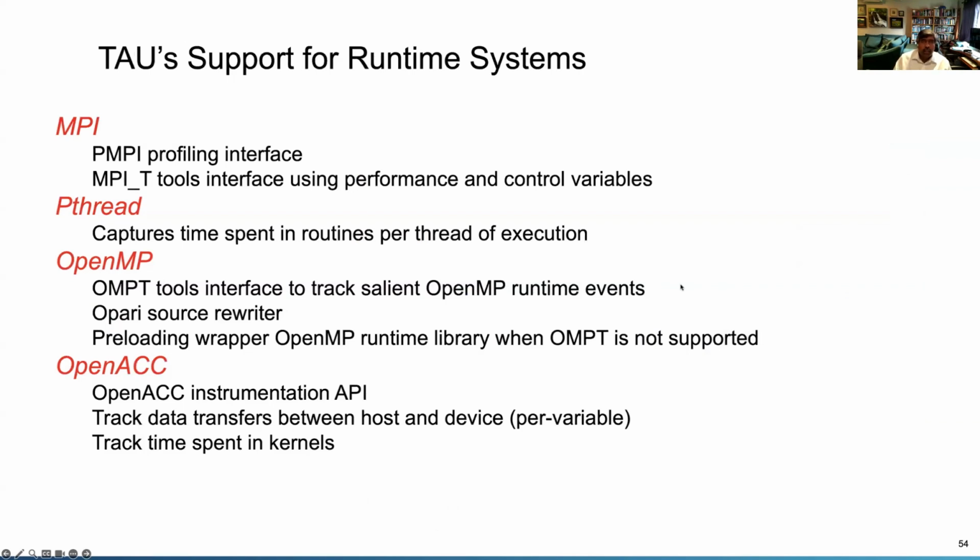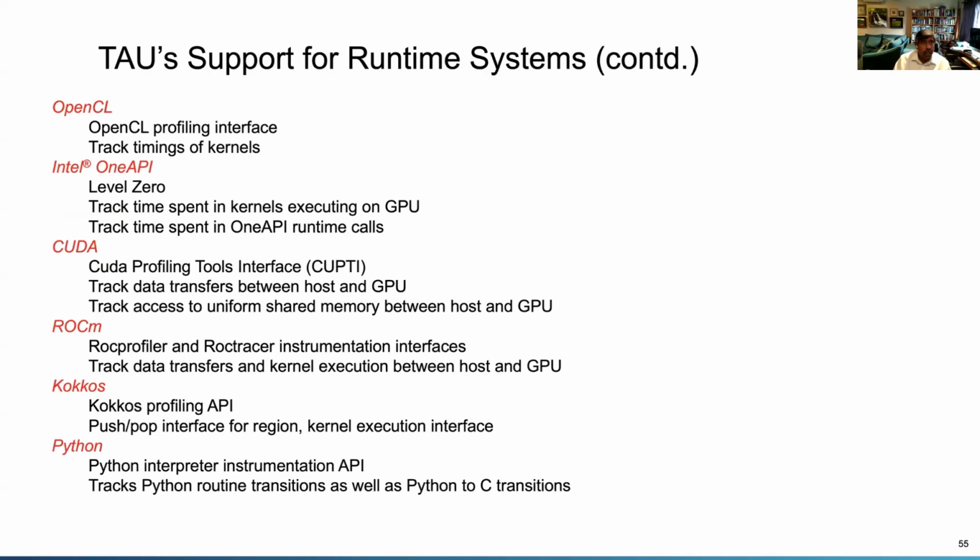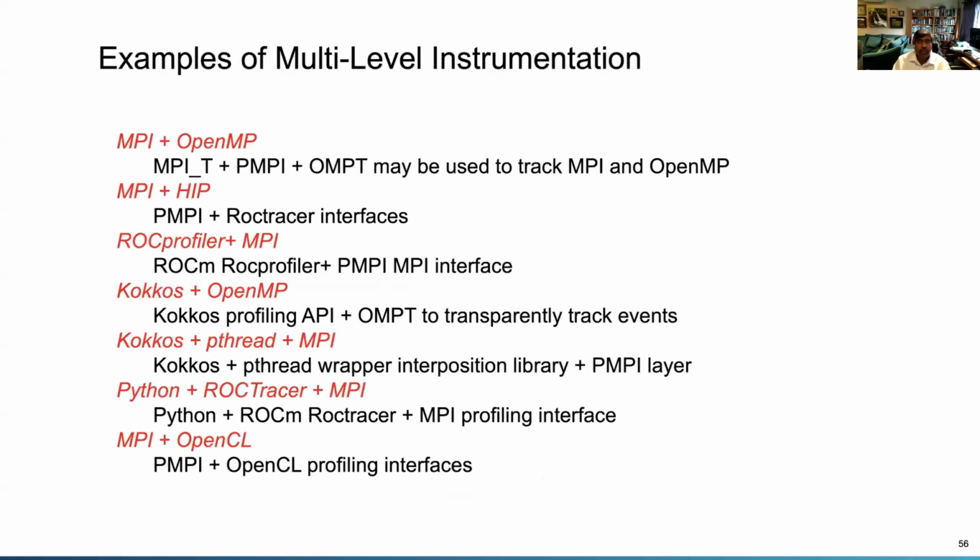And what is interesting is that TAU supports many different runtimes. It includes support for MPI, pthread, OpenMP, OpenACC, OpenCL, even oneAPI, CUDA, ROCm, Kokkos, Python, and you can mix and match these. Just last week, I was working with a user who had a code which used the AMD GPUs, but he used Python with MPI and OpenCL.